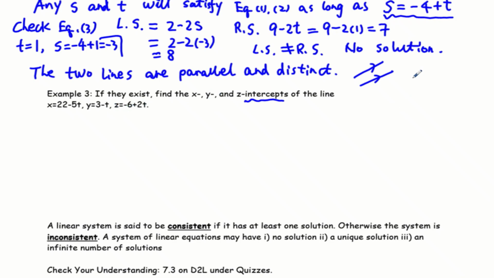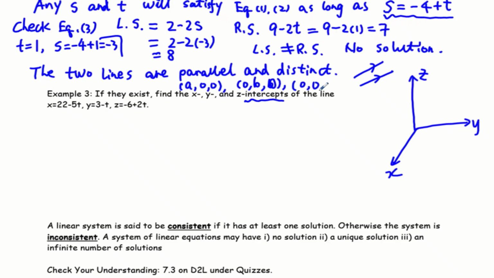So for the x-intercept the point will be (a, 0, 0), the y-intercept (0, b, 0), and the z-intercept (0, 0, c).